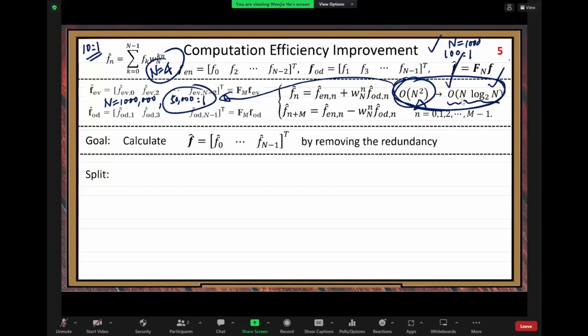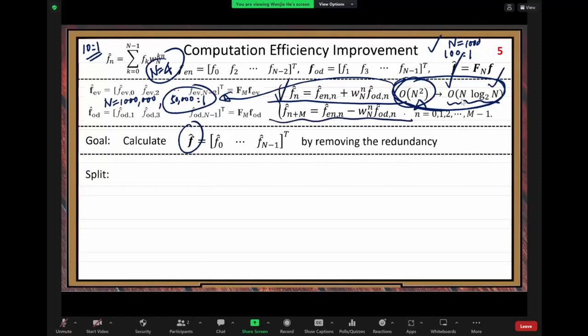So how to do that? First, I want to split this targeting vector, this frequency vector. Let me split it into the first half and the second half. Remember, the first half representation is the upper formula, the second half representation is the lower formula.